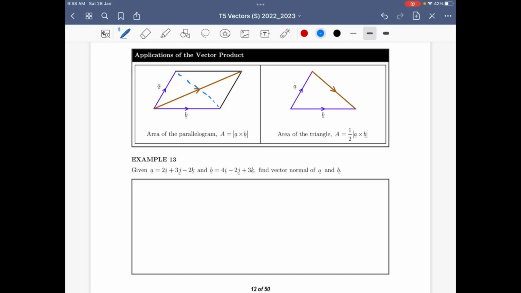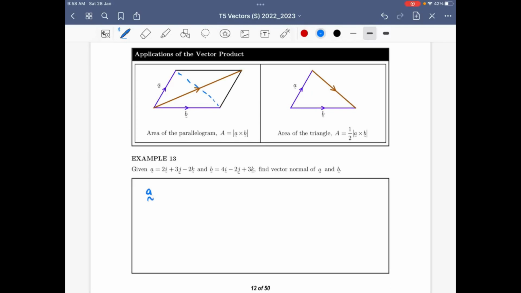Example 13. We have two vectors here. We need to find the vector normal of A and B. In simple saja. A cross B is equal to i, j and k.